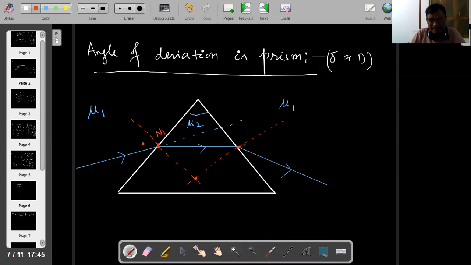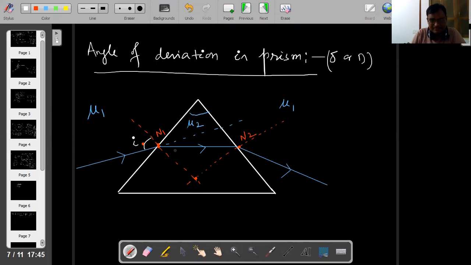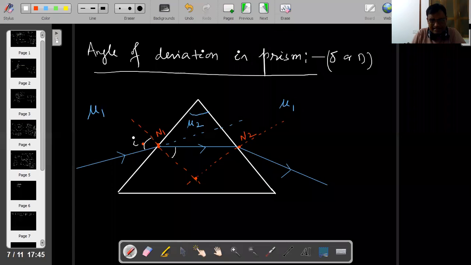This is normal number 1, N1, and this is normal number 2. Now see the angles. This is the angle of incidence i. This is the angle of refraction r1. This is another angle, r2, and this is the emergent angle e.